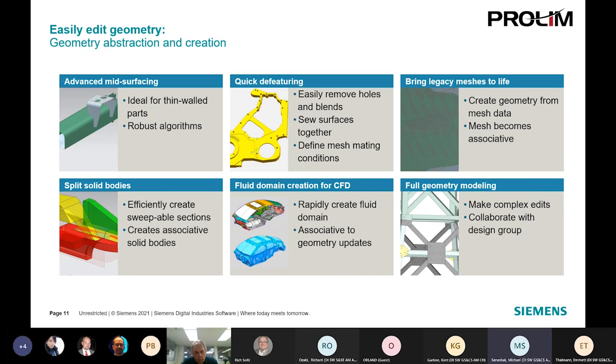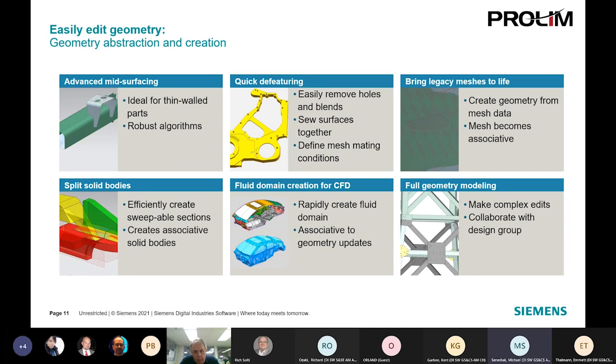But with our solution, we provide a lot of tools to help abstract, or what we call idealize, the geometry. For instance, with our advanced mid-surfacing capabilities, when you do sheet metal parts, you really don't want to put that through a 3D mesh. You want to get the mid-surface and do a 2D surface mesh, because to get accurate results you want to have those tools.